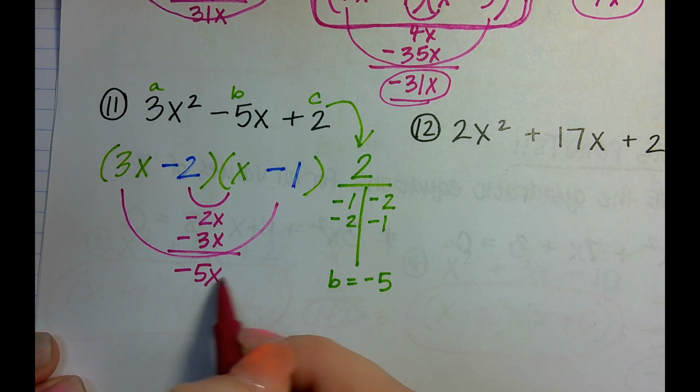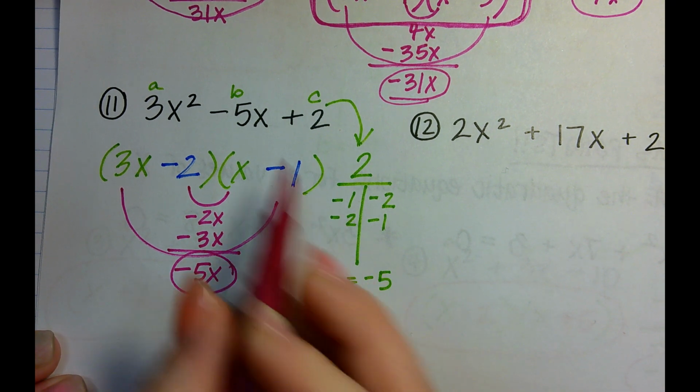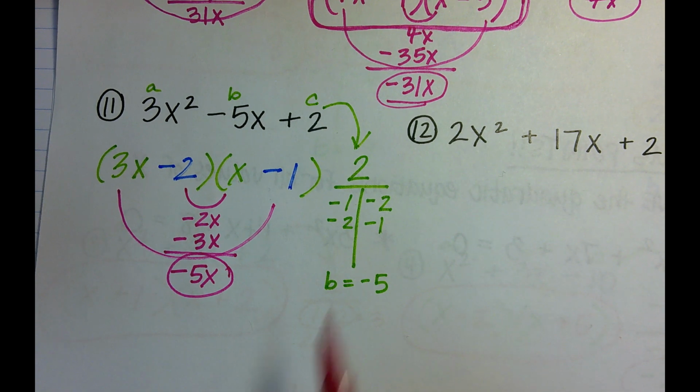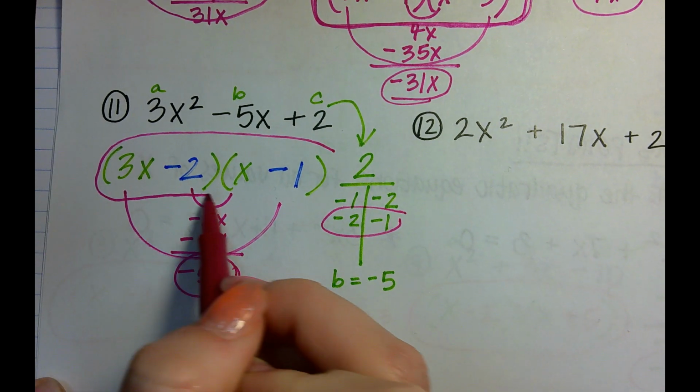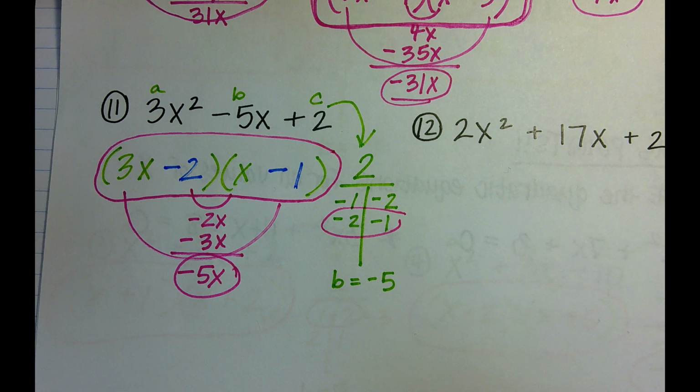Negative 5x. That's B. That's our middle term. So, that's our answer. That is our answer. Any questions on number 11?